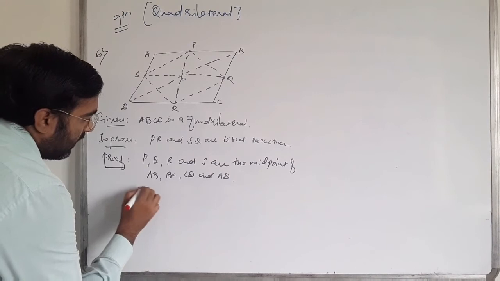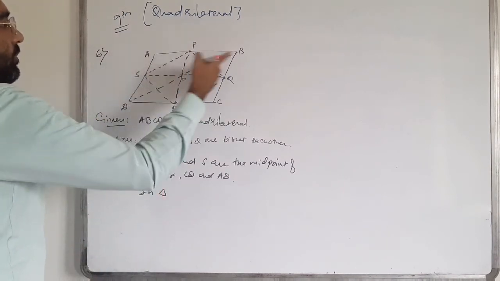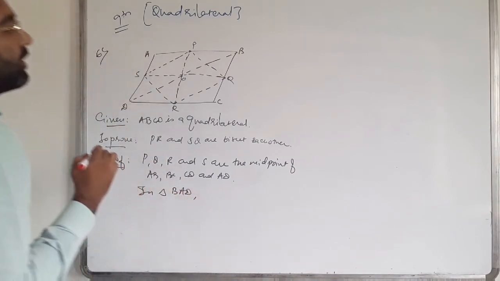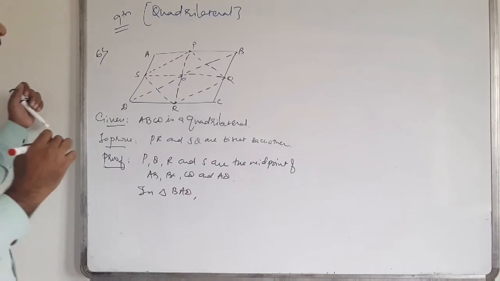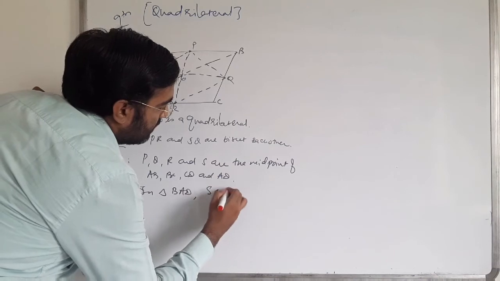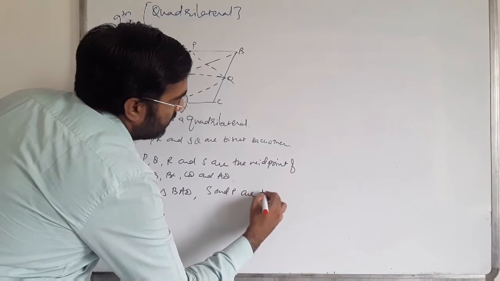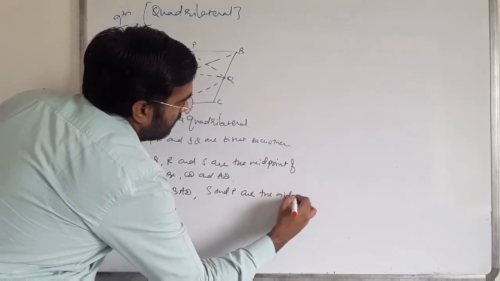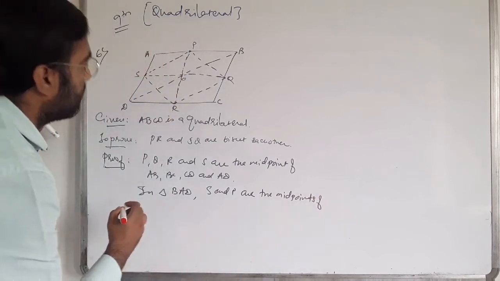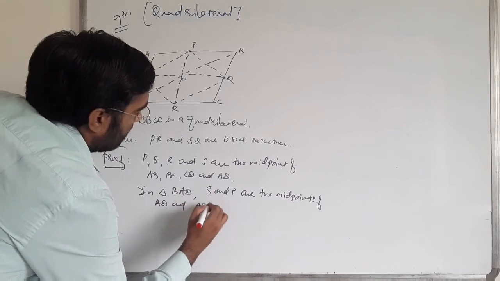So in triangle BAD, S and P are the midpoints of AD and AB.